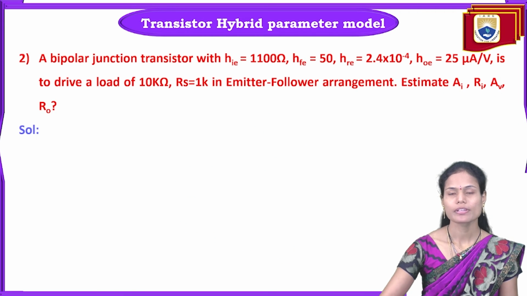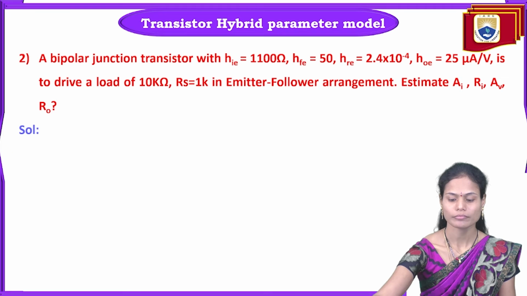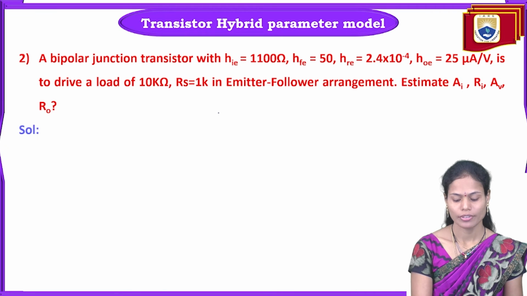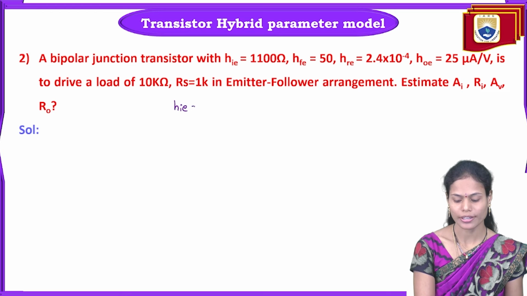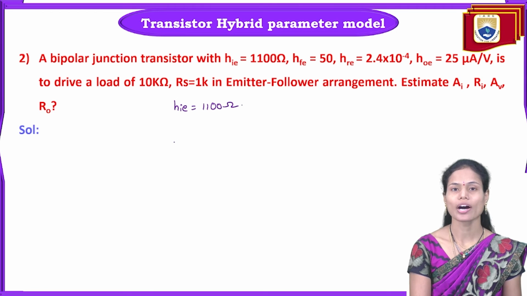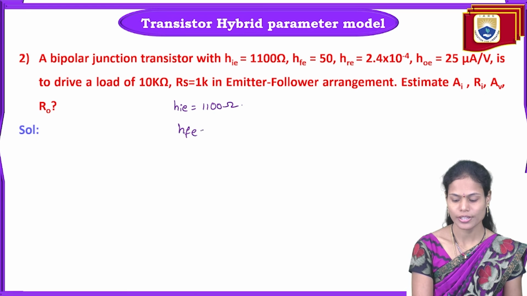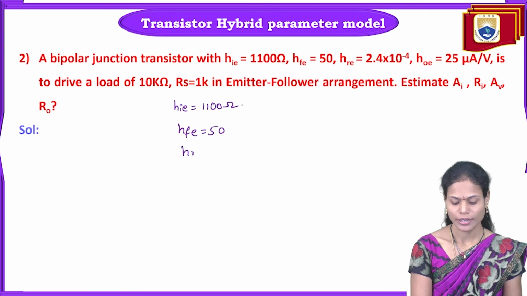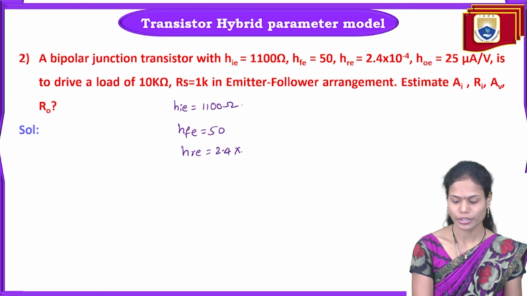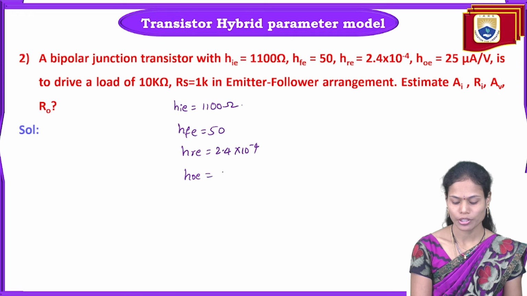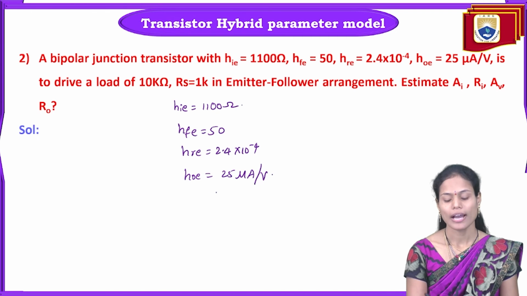Coming to the second problem, a bipolar junction transistor with given values: HIE, input impedance, is 1100 ohms, the forward current gain HFE is 50, the reverse voltage gain HRE equals 2.4 into 10 power minus 4, and the output admittance HOE equals 25 microamps per volt.